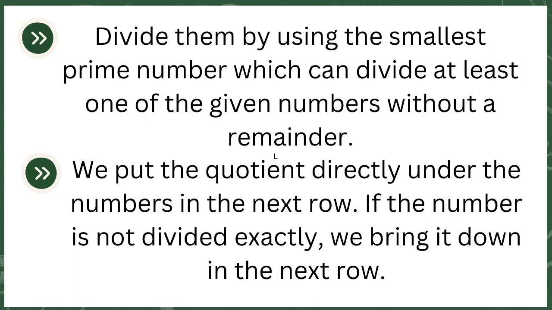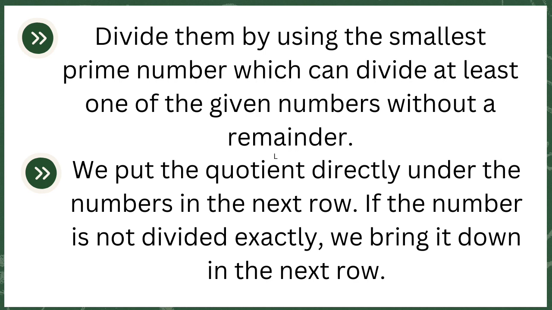Next, we will divide them using the smallest prime number, which can divide at least one of the given numbers without a remainder. Next, we will put the quotient directly under the numbers in the next row.